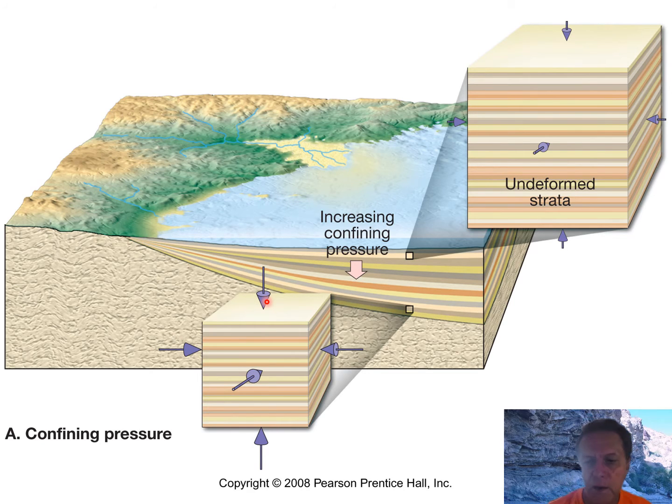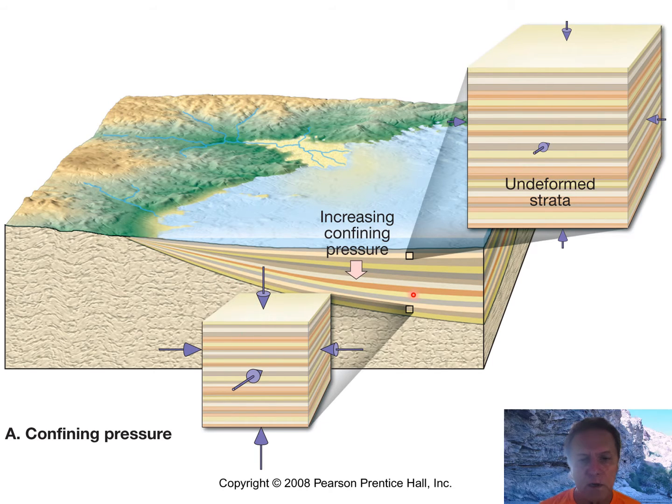Another example of confining pressure would be if you were a scuba diver and you dove into the ocean 20, 30, 40 feet down, you would have equal water pressure all around you. The reason why you don't become deformed is because the internal pressure in the fluids and air within your body counteract the confining pressure around you, although you do feel that sensation of increased pressure.